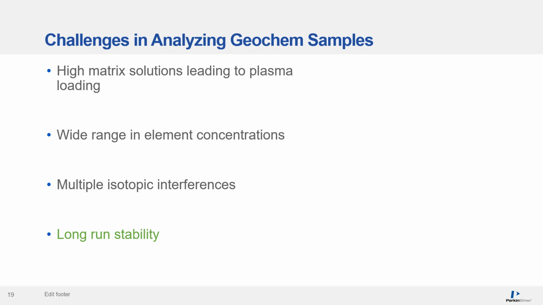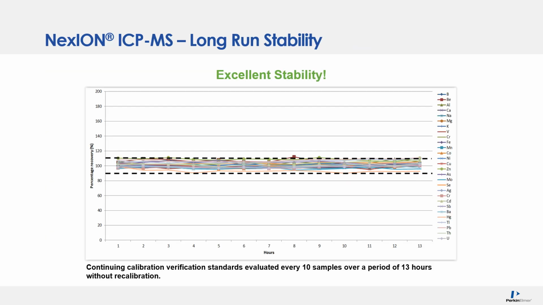Now, the final challenge in terms of analyzing geochemical samples using an ICP-MS is long-run stability. So with so many different elements in these samples and such a wide variety of concentrations, you can often see a promotion of drift, especially if ions and elements and material is being built up on interior surfaces.